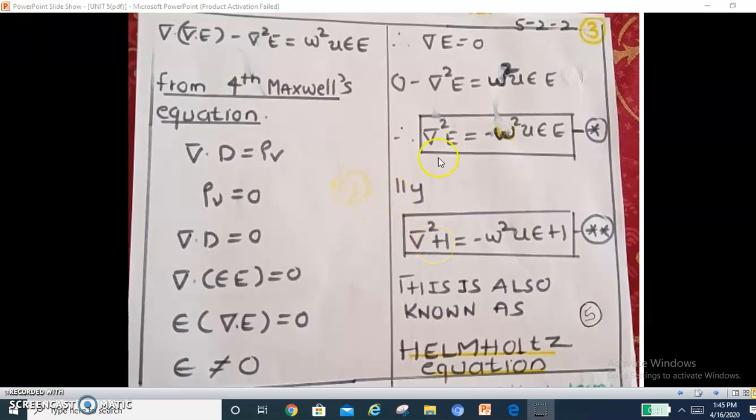Similarly you can write that E is replaced with H, with the remaining constants as usual. We are not showing much interest in solving this derivation. Once you have these two equations, we can say that this is a wave equation, and sometimes it is called the Helmholtz equation. I hope you have understood.